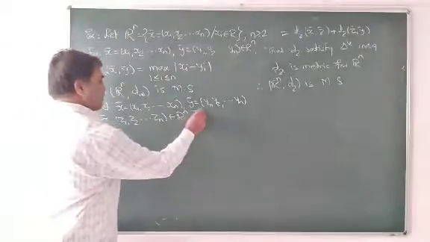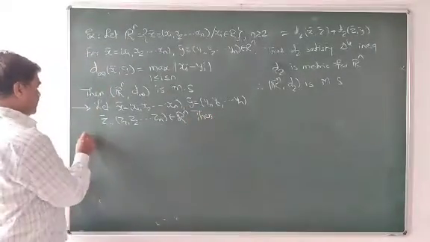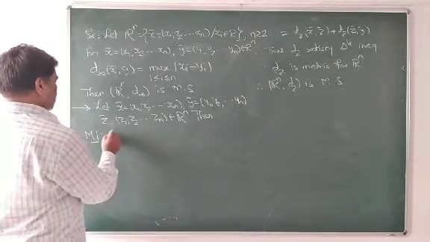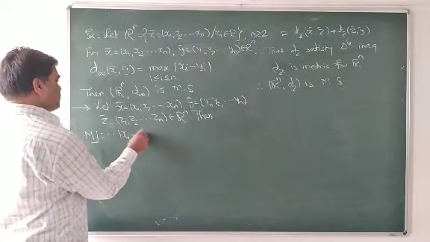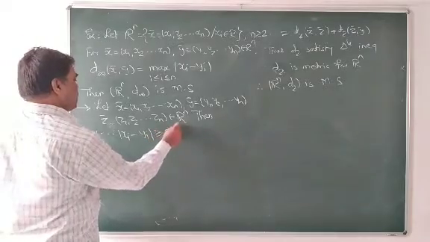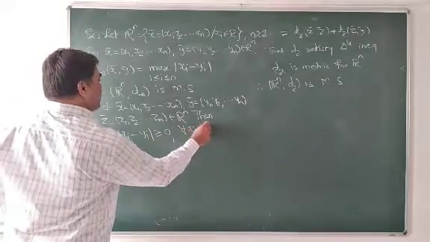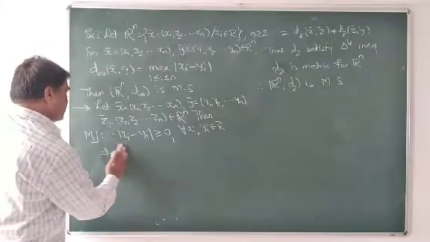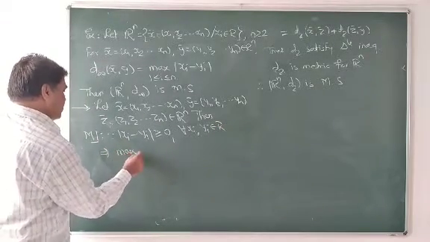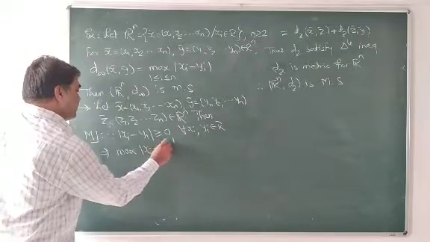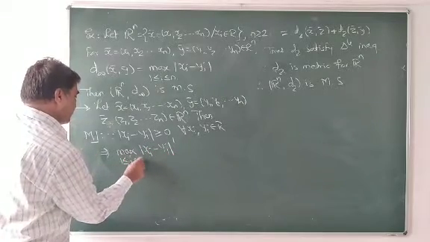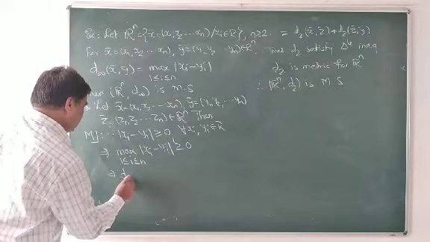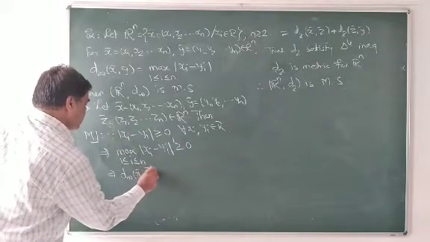Then, axiom M1: since mod of xi minus yi is greater than or equal to 0 for every xi, yi belonging to R, this implies maximum of mod of xi minus yi, 1 less than or equal to i less than or equal to n, must be greater than or equal to 0, which implies d infinity of x bar y bar is greater than or equal to 0.